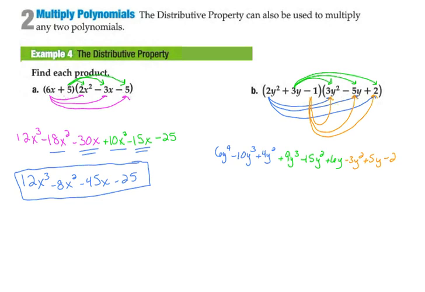Okay, last step then, let's go ahead and combine some like terms. We have a y to the third and a y to the third. We have 3y squareds, and then we have a couple y's. So 6y to the fourth. What do we have here? We have a negative y to the third.